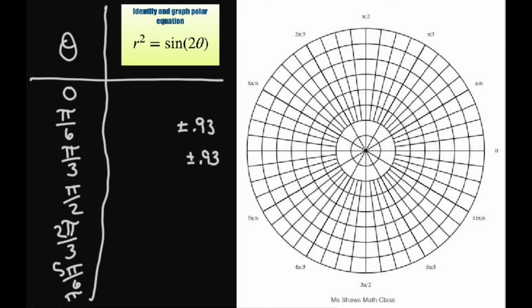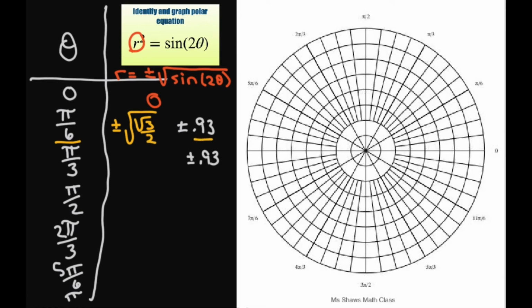Let's substitute in our values. Remember, we're trying to find r. So r is really plus or minus square root of sine of 2 theta. Now when you substitute in 0, you're just going to get 0. If you substitute in pi divided by 6, you're going to get plus or minus square root of 3 divided by 2.